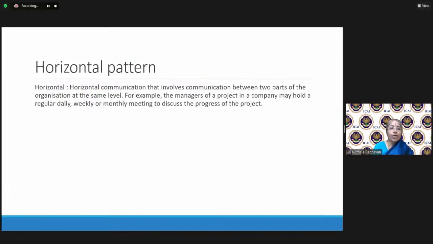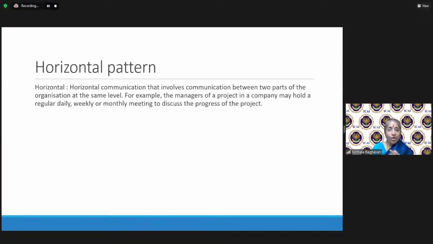Okay. Horizontal pattern. Horizontal communication involves communication between two parts of the organization at the same level. Now, this is also between two people, but the difference between vertical and horizontal is that in vertical, it is between the boss and the employee. In horizontal, it is between two people in the same position belonging to an organization.